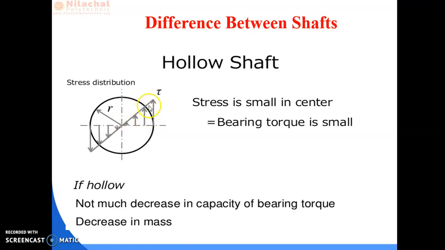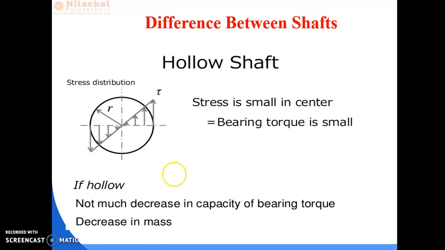So along the radius, the value of shear stress is increasing. At point 1 it is less, at point 2 it is more, then point 3 more. So at the final point, at the outer fiber, the shear stress is maximum. So at the center it is small, and at the center the torque transmission will also be small.